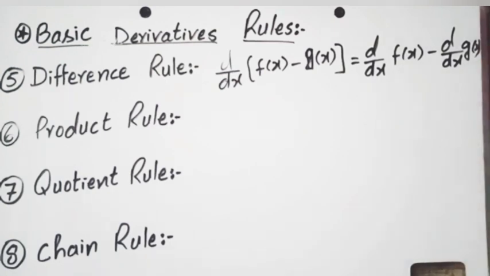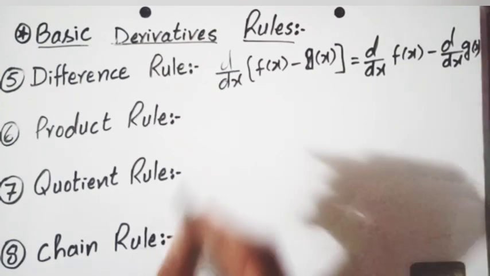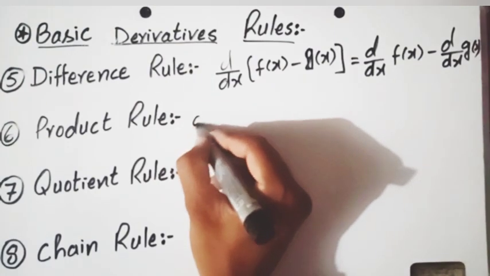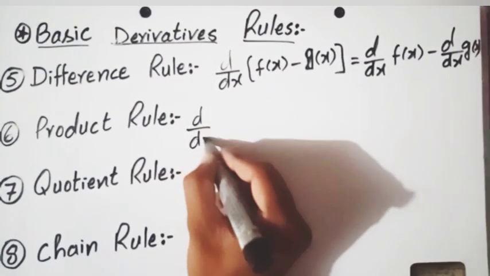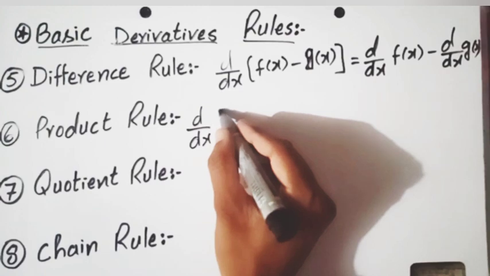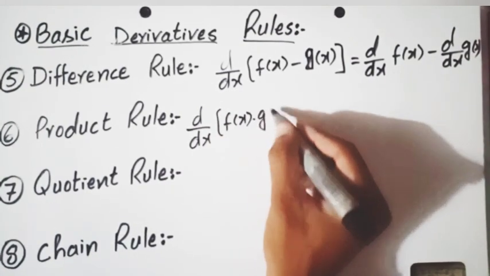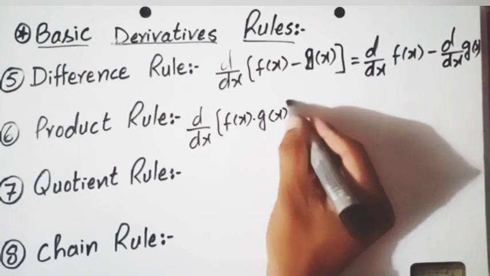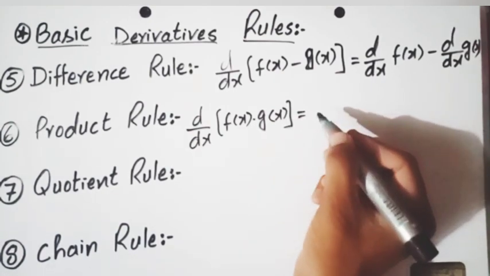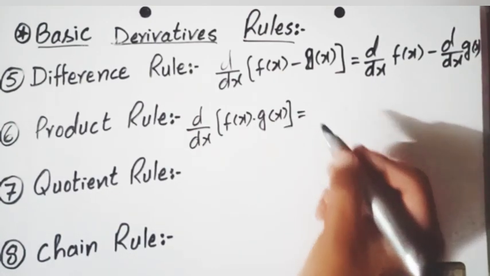Then next we have the product rule. It means when two functions are in product form, like f of x multiplied by g of x, and we want to take the derivative. So how can we use the product rule?